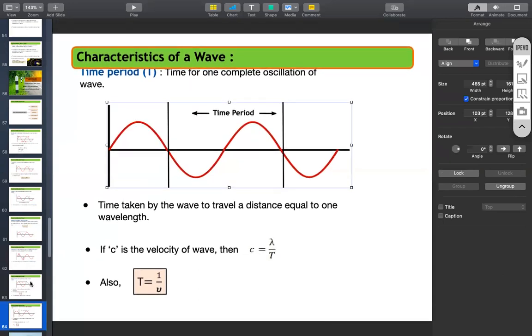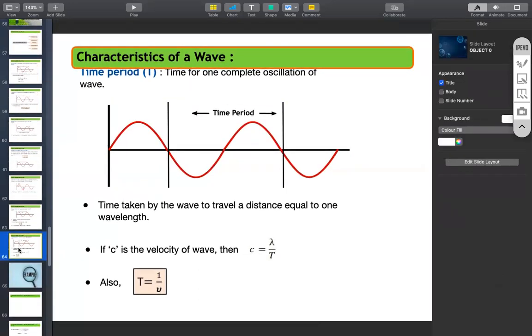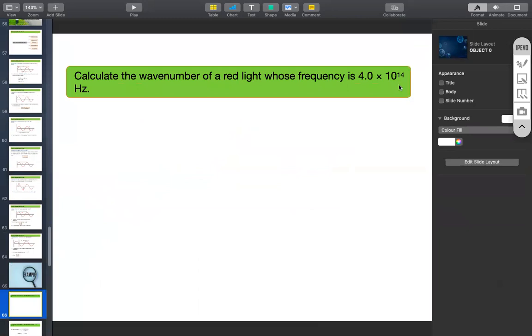Okay? I'm moving to the next thing. Now we will do the questions. Tell me answer of this question fast. They are asking wave number.